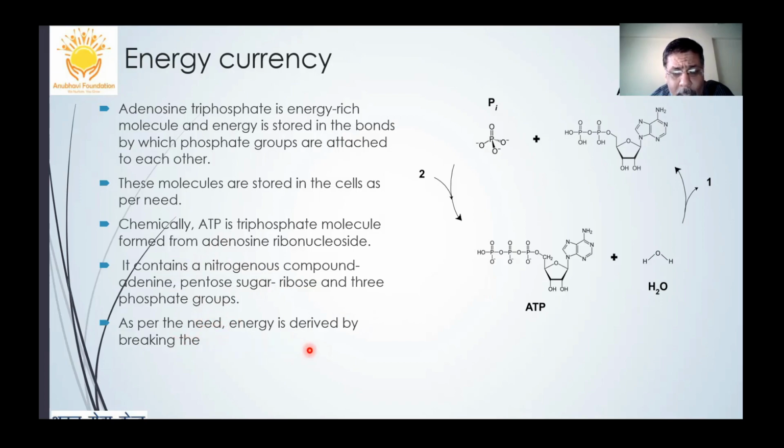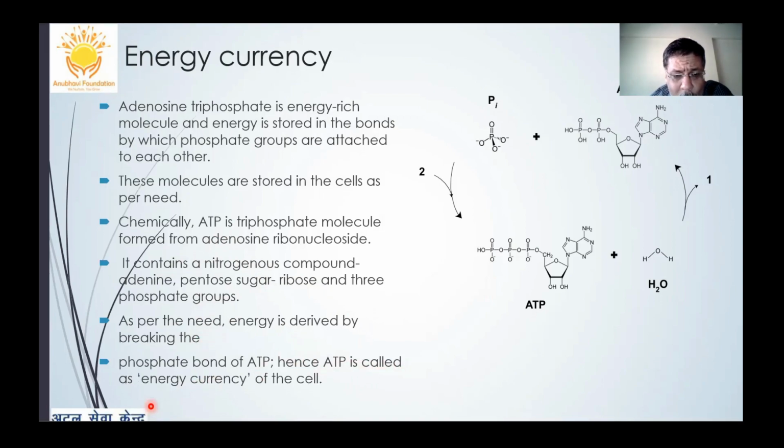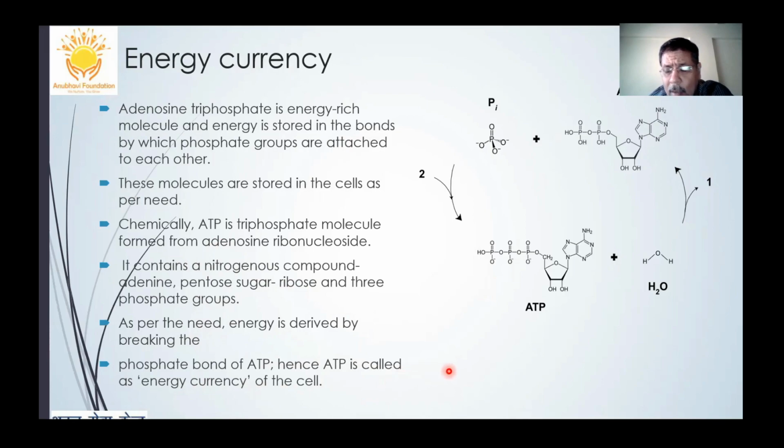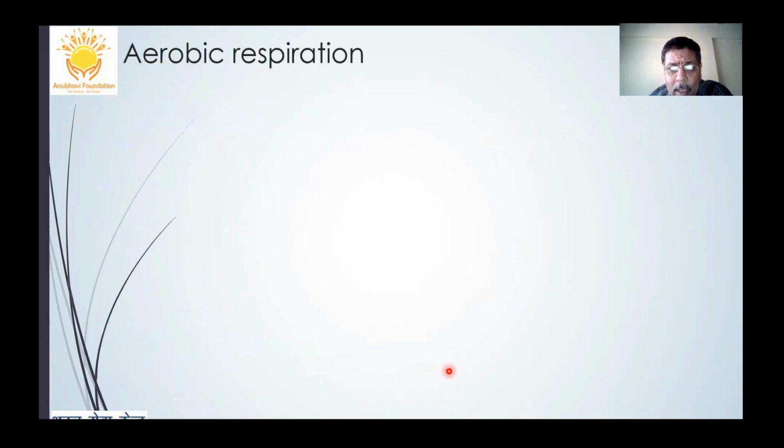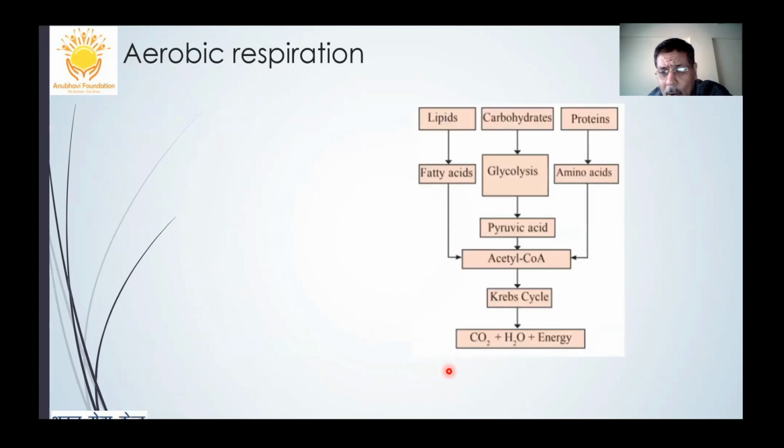As per the need, energy is derived by breaking the phosphate bond of ATP. Hence, ATP is called the energy currency of the cell, because the energy requirement of the cell is obtained from there. Now you can see this is an important chart for us, which will help us understand better.